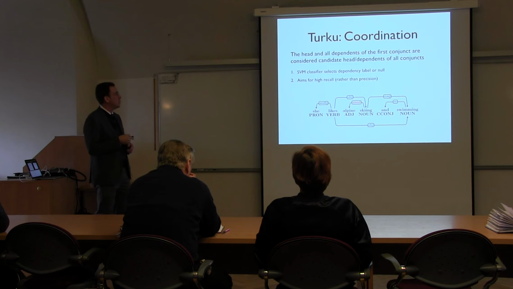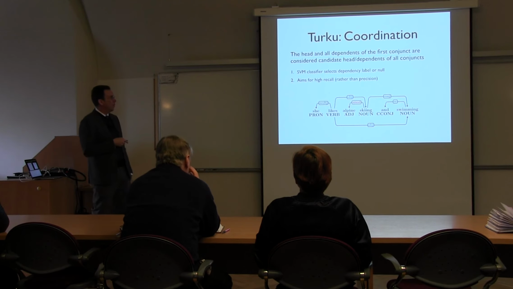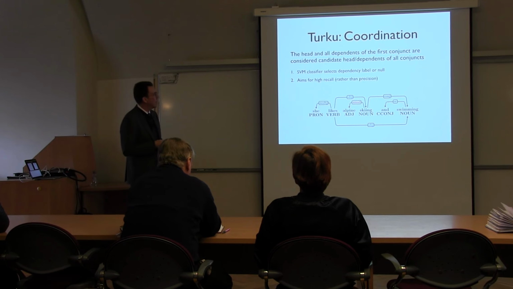And then it uses an SVM classifier that either selects a label for that candidate dependency or predicts a special null label if it says, no, I don't think that dependency should be in there. So it's interesting to compare these approaches because they use opposite strategies.